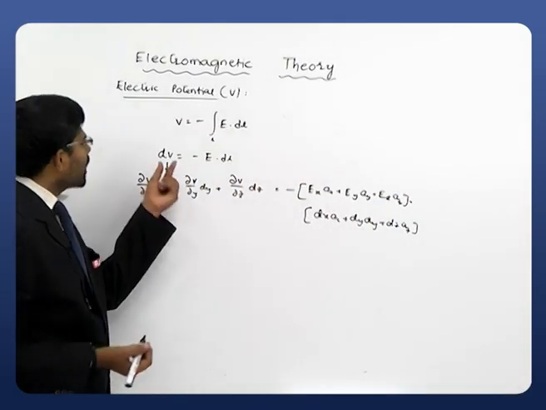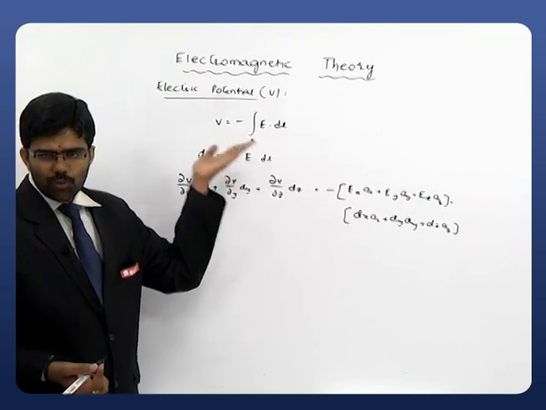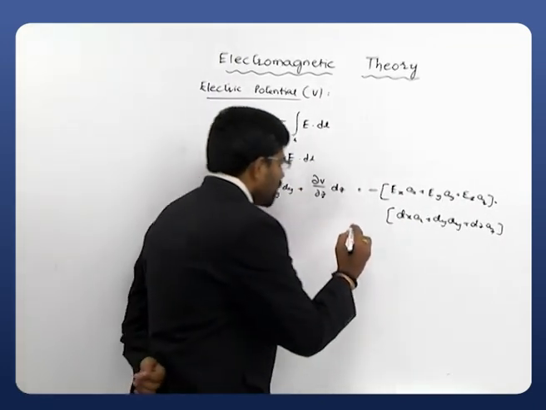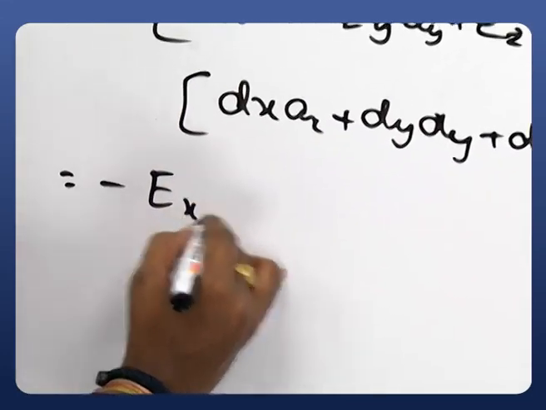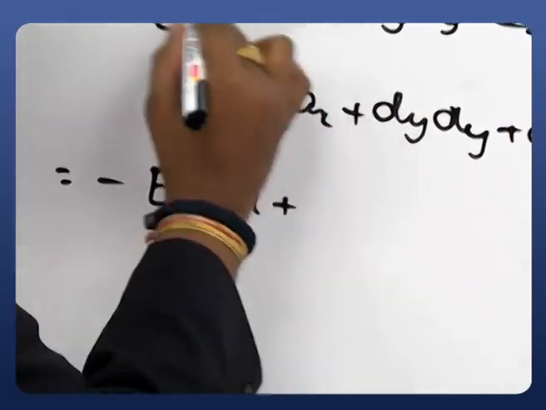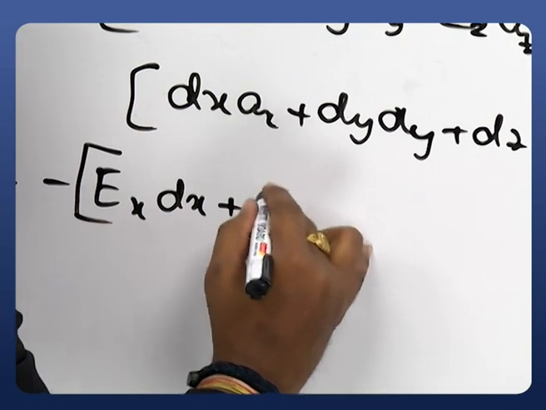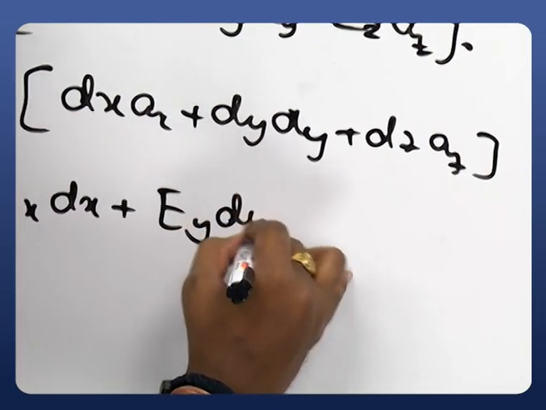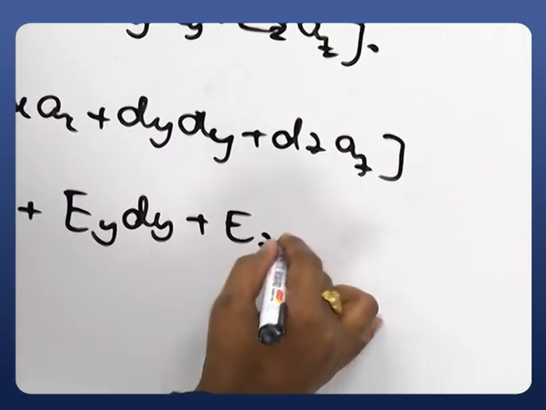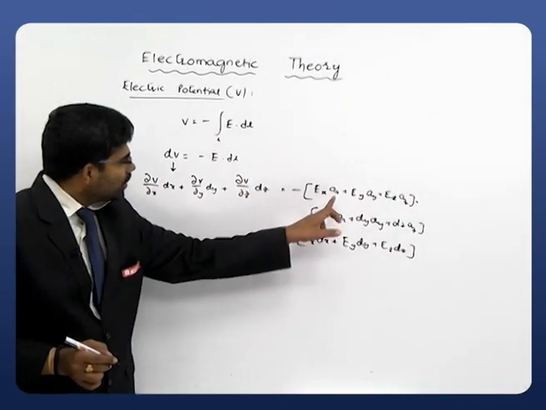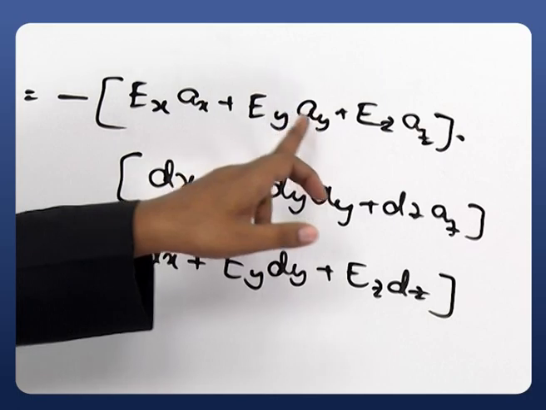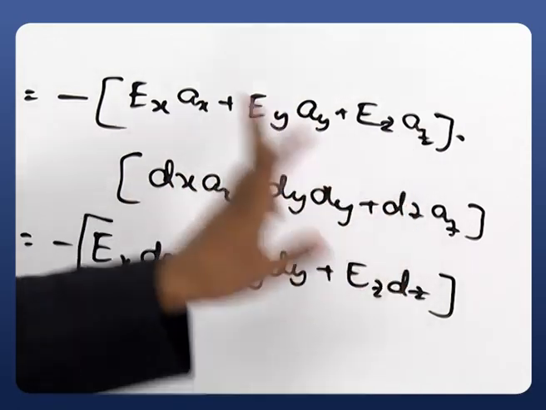So just what I did is I wrote the equivalent of all the components we have here, nothing more than that. Which is equal to, if you take the dot product, minus Ex dx plus Ey dy plus Ez dz. This is the right hand side we have after considering the dot product between the unit vectors.